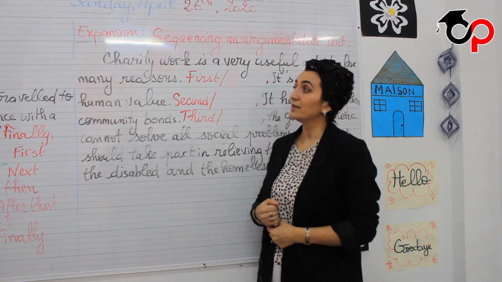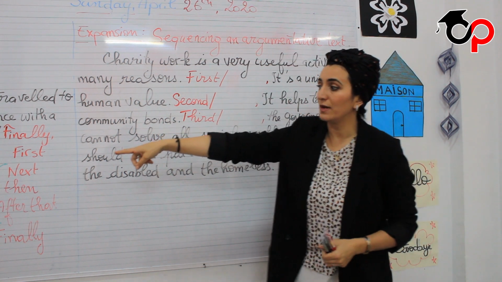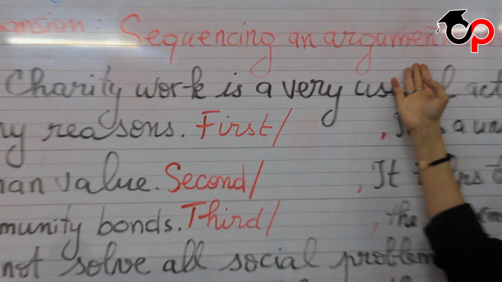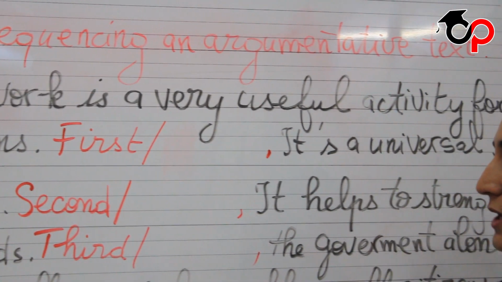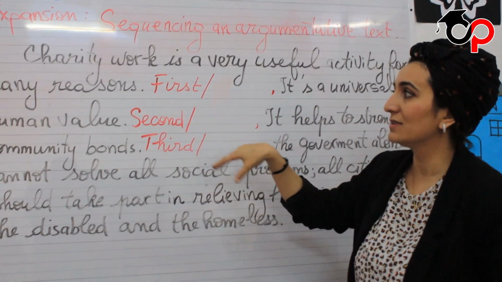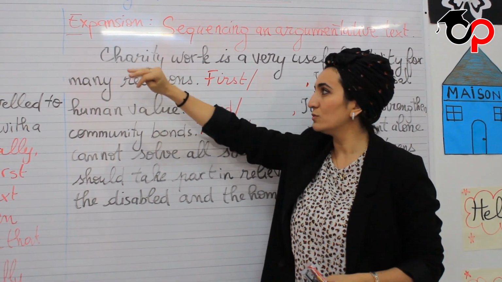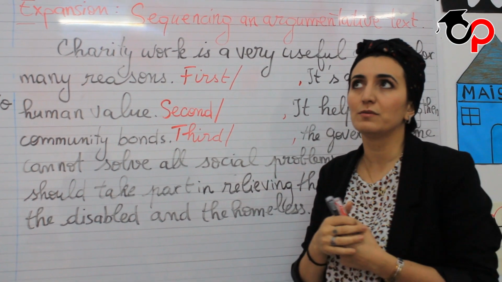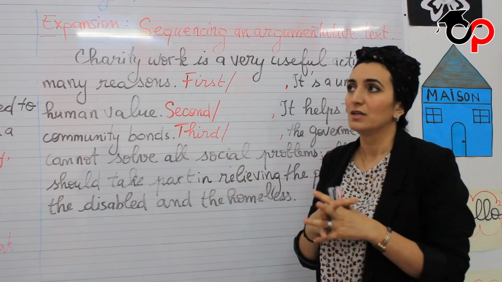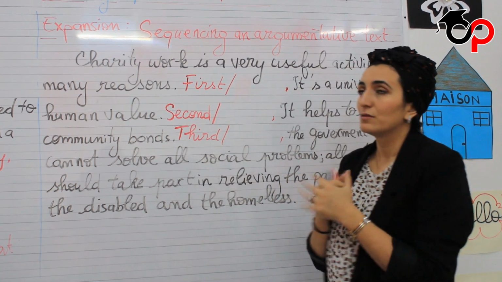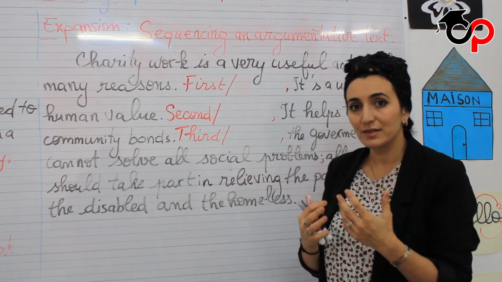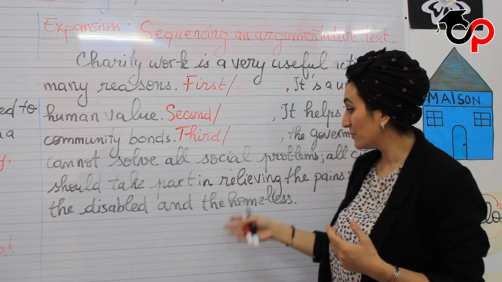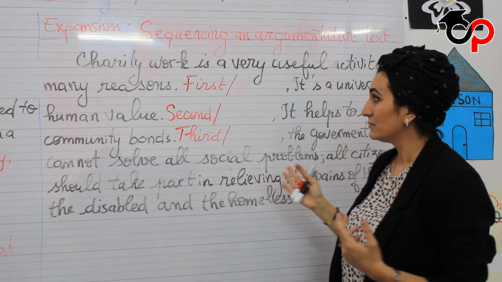Okay, so now let's see the third point I talked about, how to sequence your ideas in an argumentative text, okay? This text is about charity. What is charity? Charity work is like when people organize themselves into groups and really work really hard to help poor people, people in need, disabled people, okay?